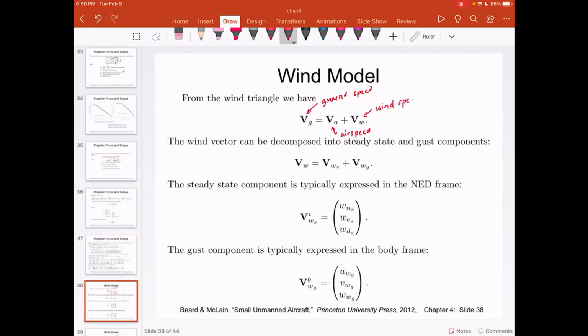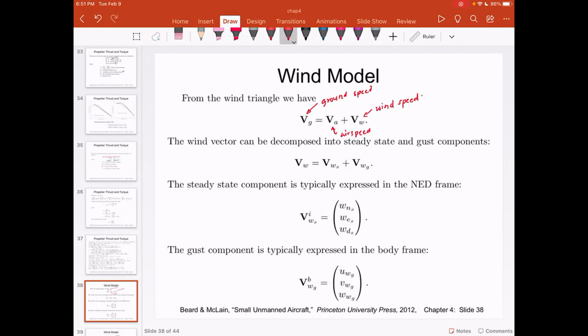So for example, if you get a tailwind or a headwind, the amount of time you take to reach a destination is changed because the wind can either help you or hurt you. So we need to build the effect of wind into the design, but we'll talk about the wind models and how to incorporate those wind models in our simulation in the next class.